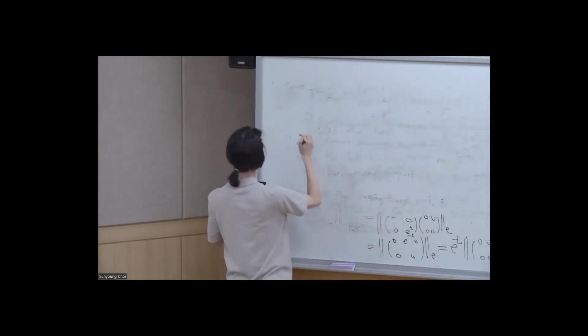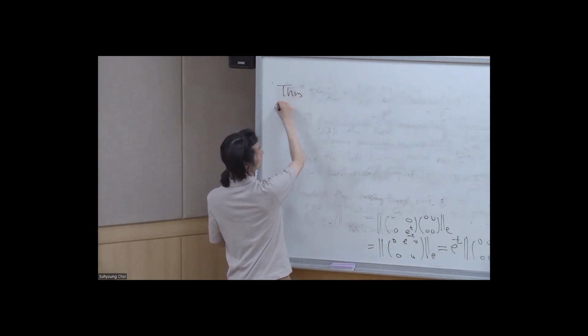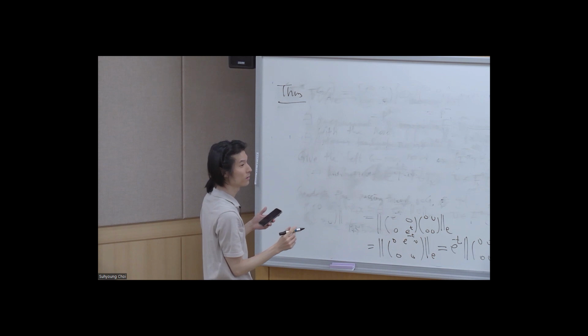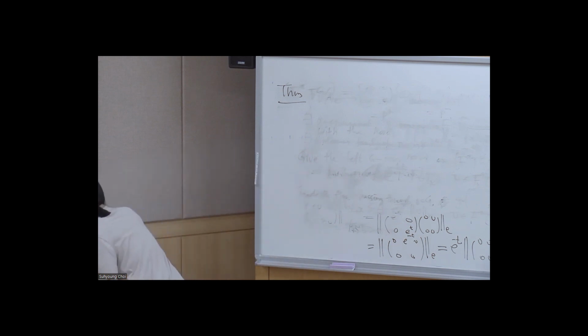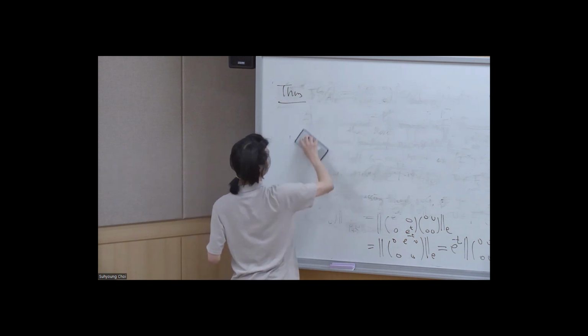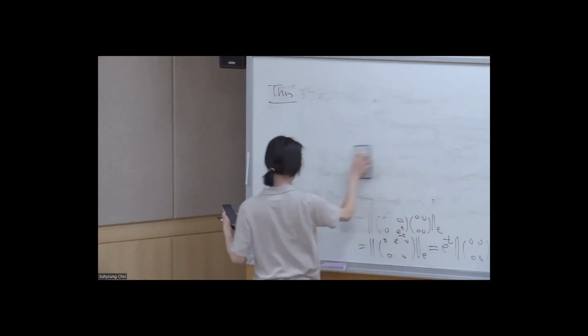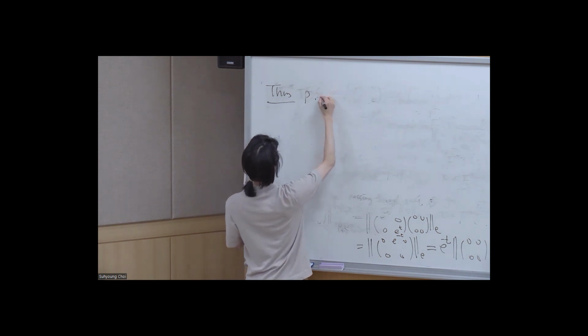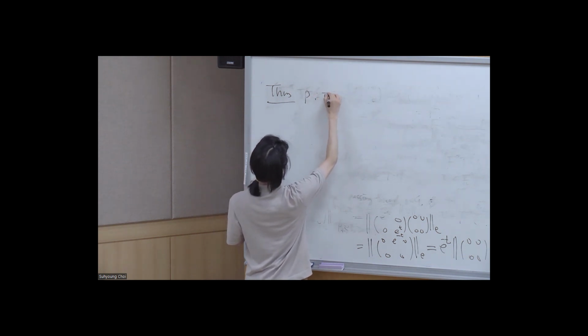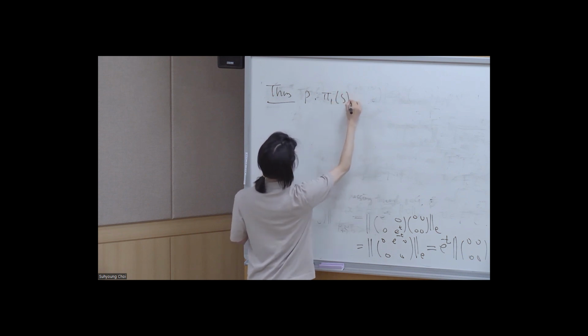So the theorem. Let's say this is an Anosov representation, but this is true only for the surface group case.